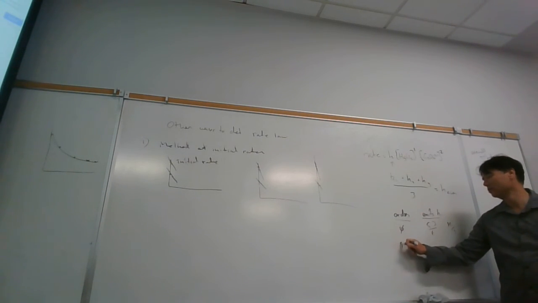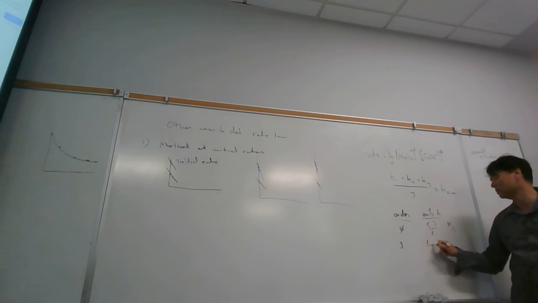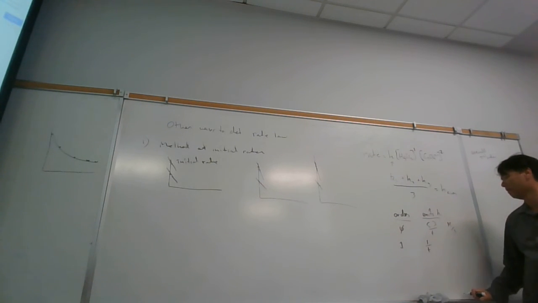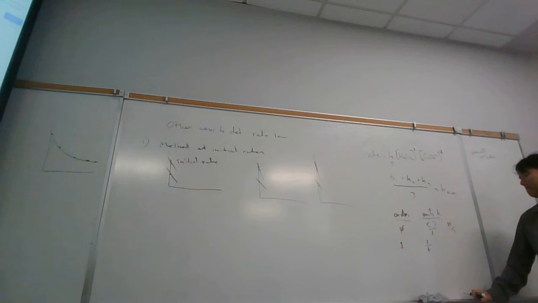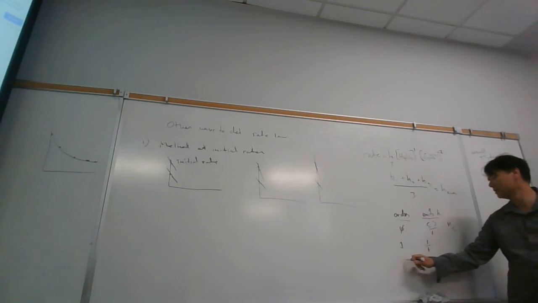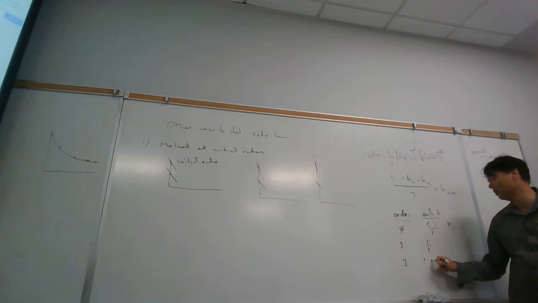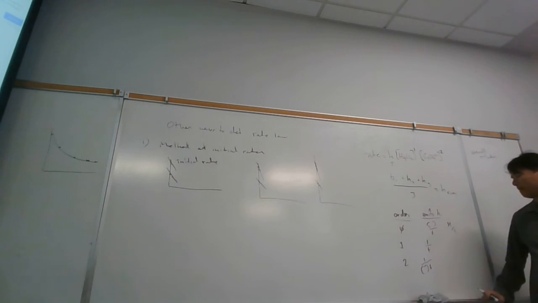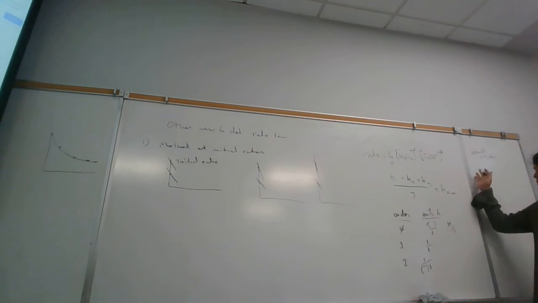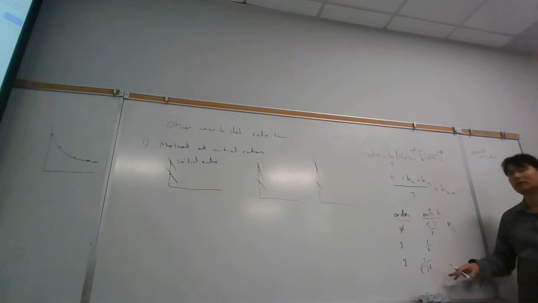If K is first order, then it's only 1 over time. If K is second order, then it's 1 over molar time. So if K is third order overall, it'd be 1 over molar squared.